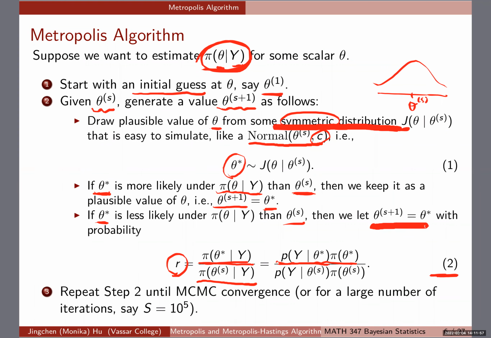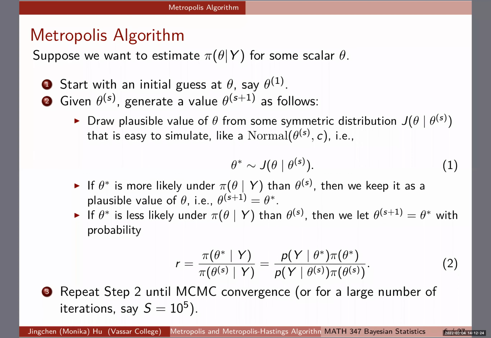So when you actually code it yourself, we need to rely on what we learned before about Bayes' rule. Theta star given y is going to be proportional to y given theta times the prior of theta star, and similarly you do that for theta s as well. Make sense? Okay, good.